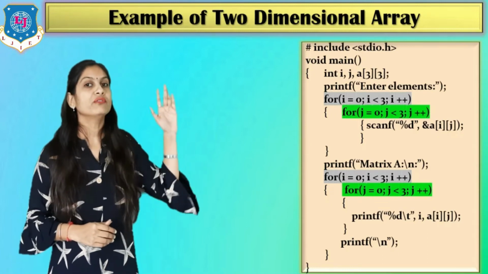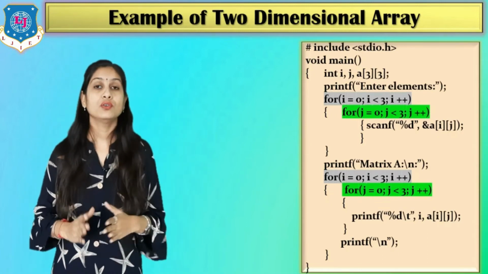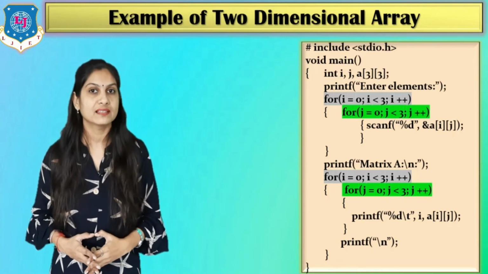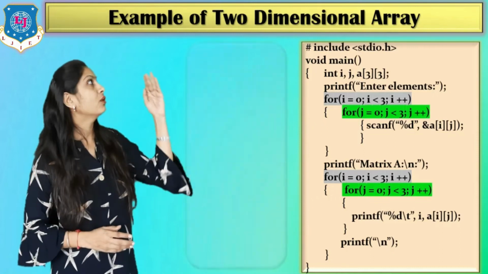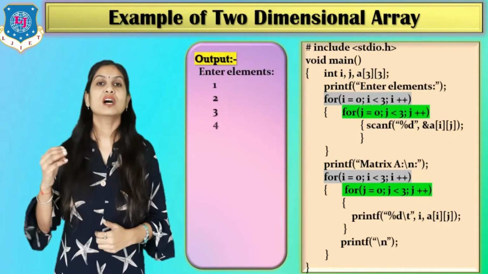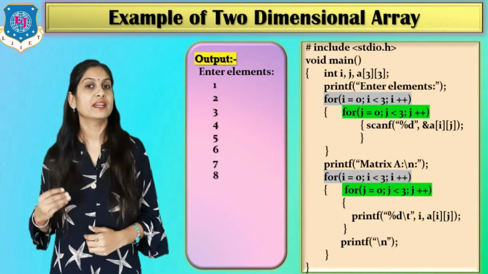Clear? So what is the output of this program? You have to enter a total of 9 elements, because we have taken the example of 3 cross 3. The message is like "enter elements", and suppose you enter 1, 2, 3, 4, 5, 6, 7, 8, 9.